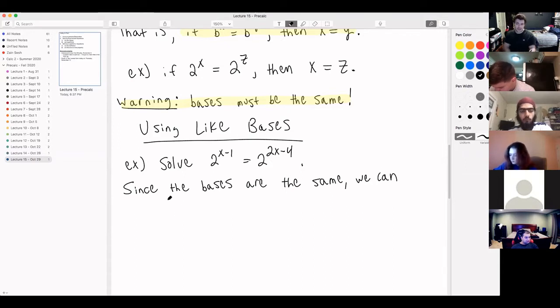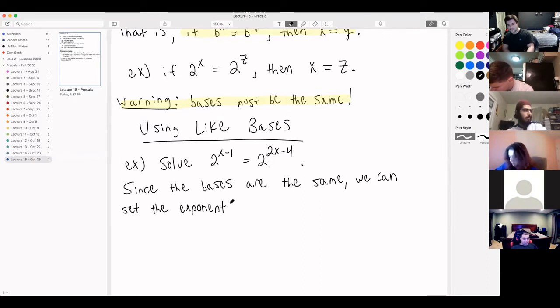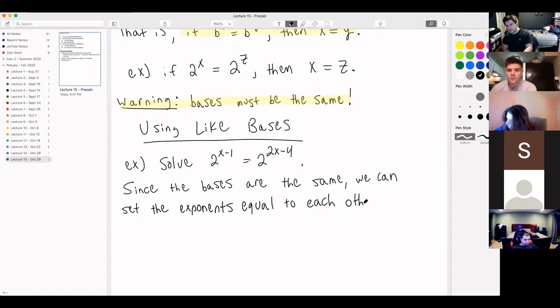What's our deduction? We can set the exponents equal to each other and solve for x.